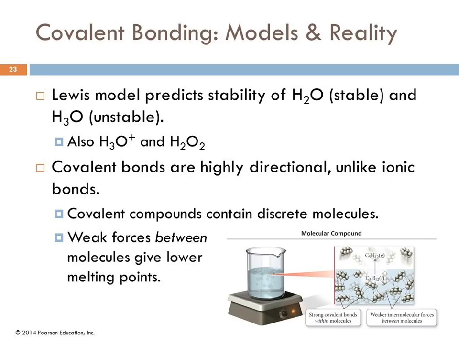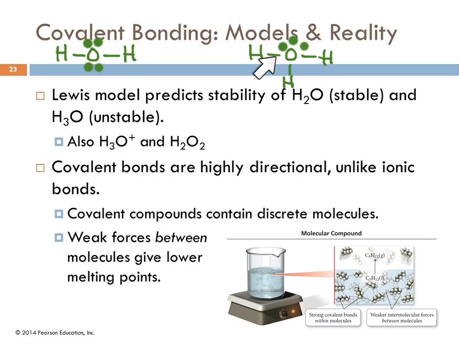So here's H2O, and here's H3O. This follows the octet rule. Oxygen has 8. The 2 lone pairs, the 2 bonding pairs, the hydrogens each have a duet. This does not follow the octet rule.